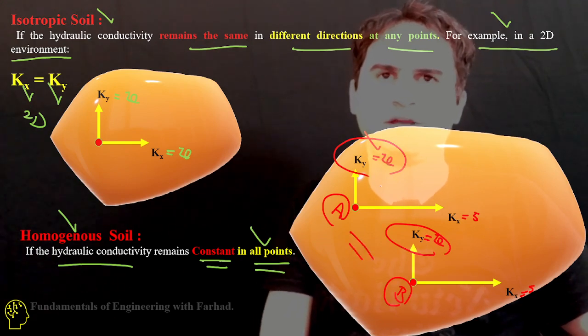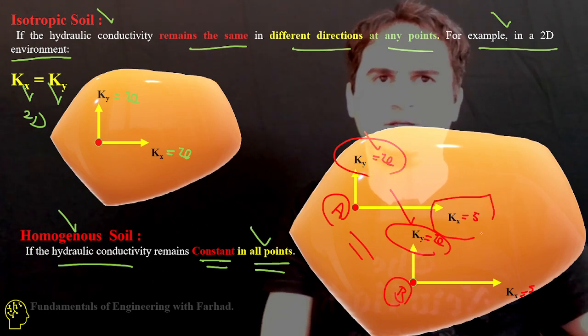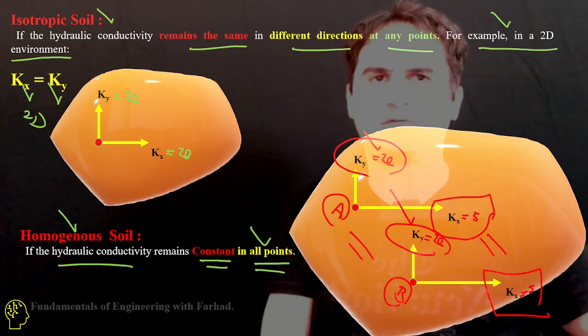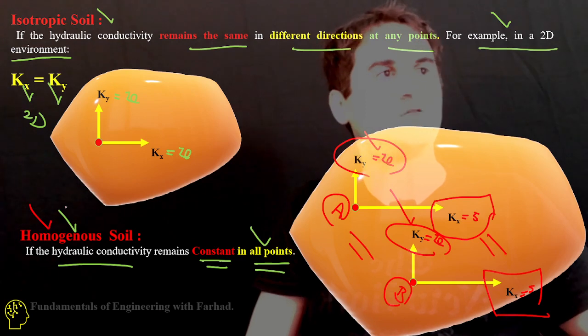So Ky in both cases is 10 and Kx in both cases is 5, but they are not equal to each other. That's the definition of homogeneous soil.